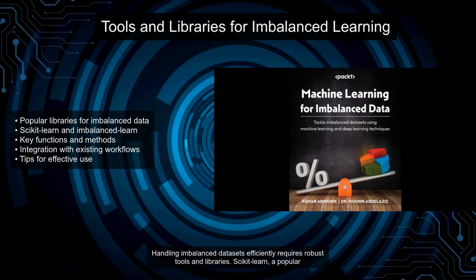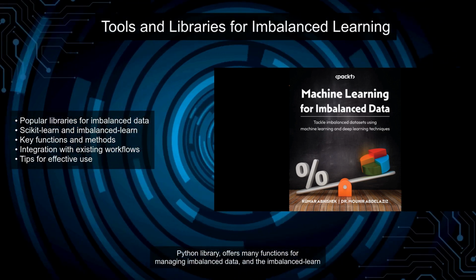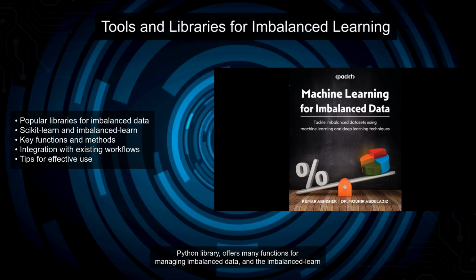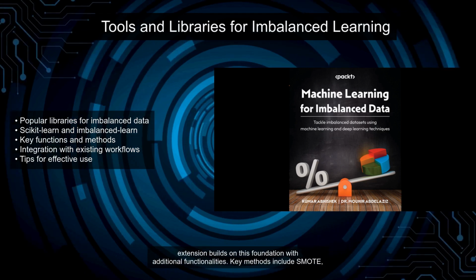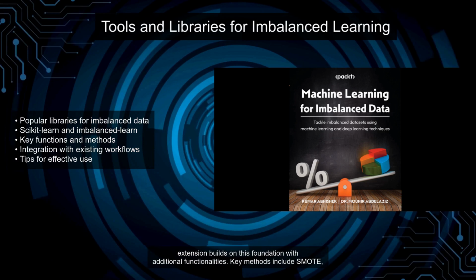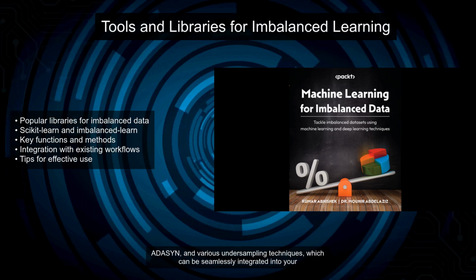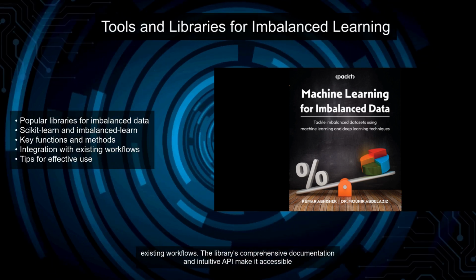Precision-recall trade-offs in this context are not merely statistical choices but have real-world implications for patient care and resource allocation. Handling imbalanced datasets efficiently requires robust tools and libraries. Scikit-learn, a popular Python library, offers many functions for managing imbalanced data, and the Imbalanced-learn extension builds on this foundation with additional functionalities. Key methods include SMOTE, ADASYN, and various undersampling techniques, which can be seamlessly integrated into your existing workflows.